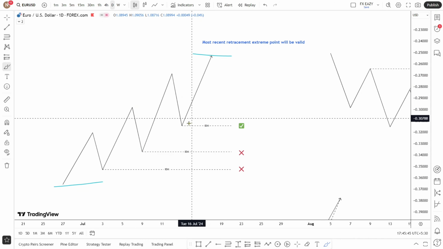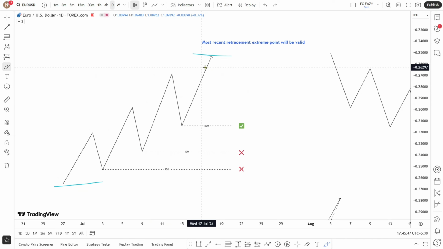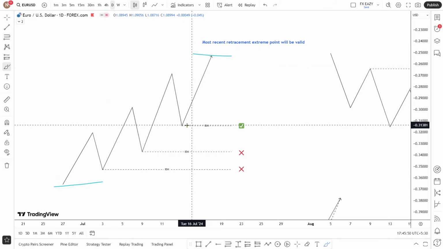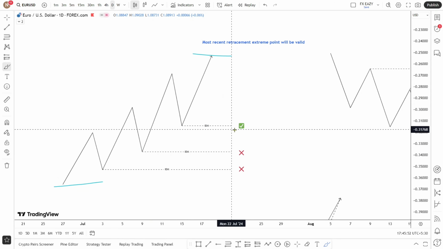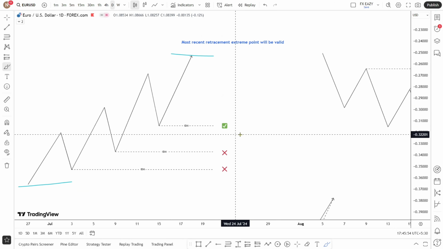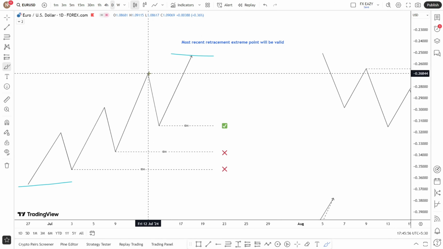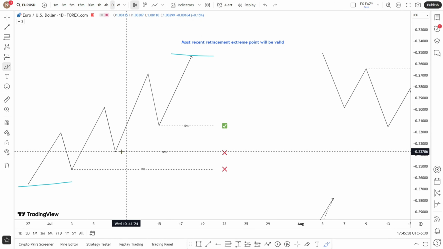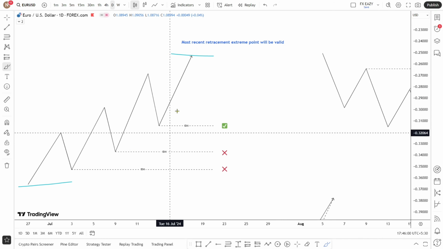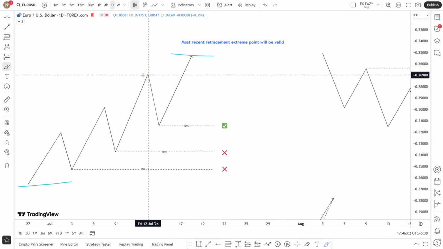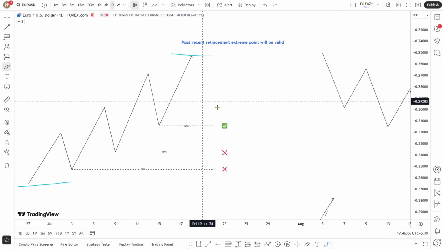But when the market gave more pullbacks and moved much higher, our recent pullback would be our inducement level, the most recent. When the market is at this level, this would be our valid inducement level, but the market moved much higher, so our recent extreme point of pullback would be our inducement level here.